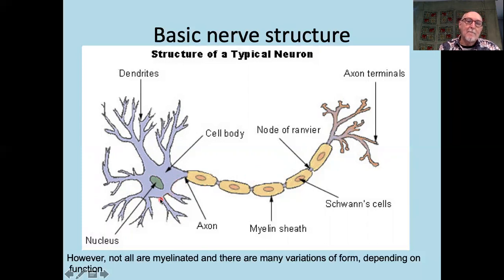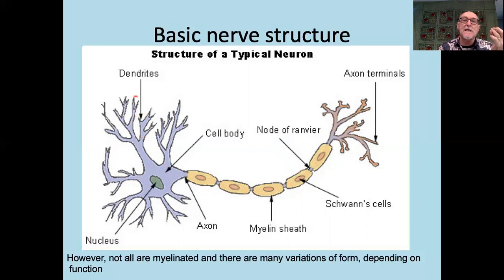But this cell here has very, very fine branches, which are called the dendrites. And the dendrites are receiving information. They may be sensory in themselves. For example, this might be a nerve which is responding to touch.